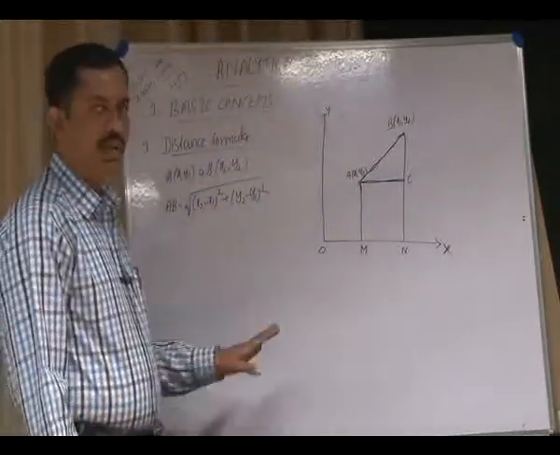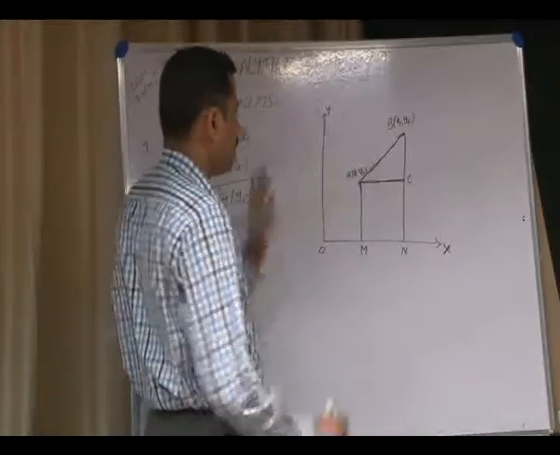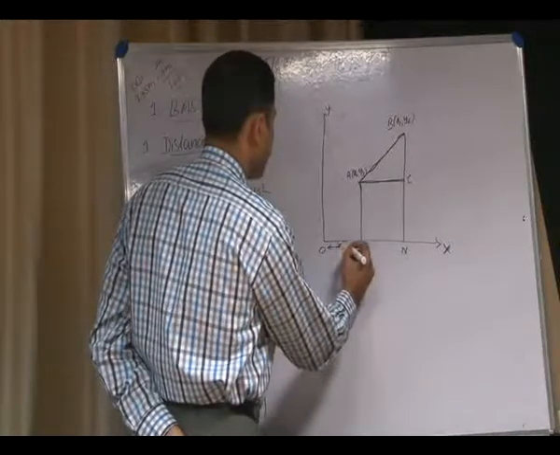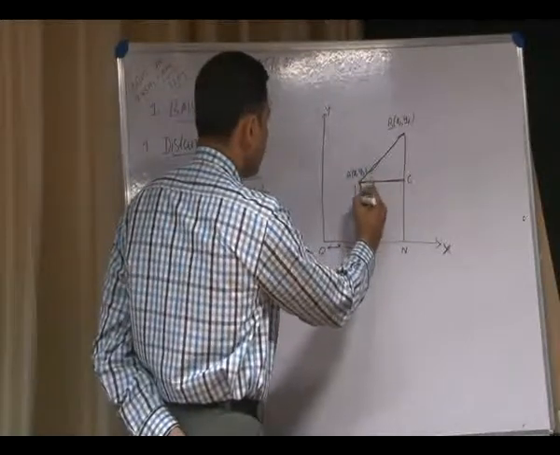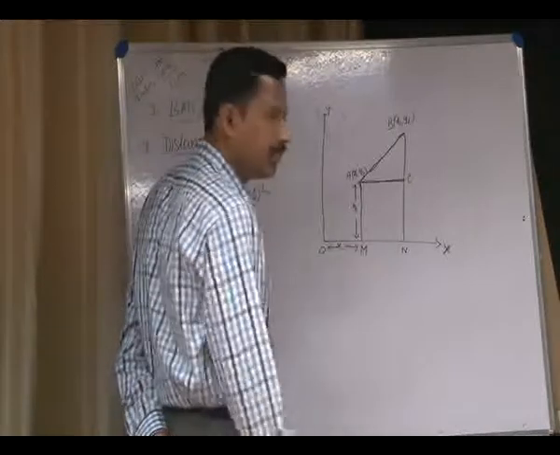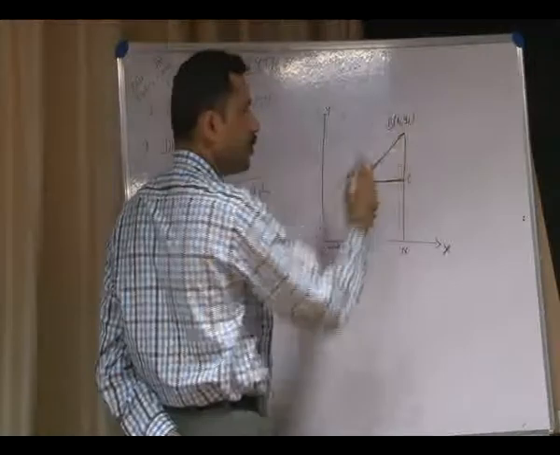In this figure the coordinates of point A are x1, y1. That means the distance OM is taken as x1, the x coordinate of point A, and the distance AM is taken as y1, the y coordinate of point A. Similarly, the coordinates of point B are x2, y2.